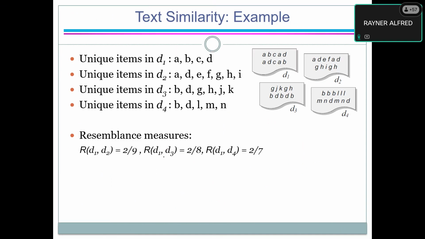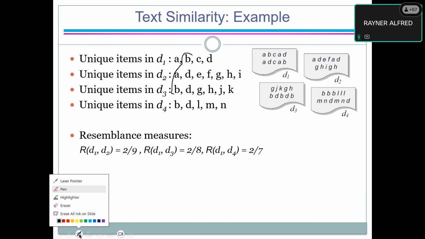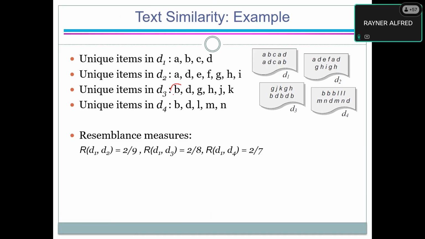For document 1 and 3, let me use a different color. Document 1 and 3 have B and D in common, so only 2. When you combine the unique terms, we have 2 here, plus 2 here, so altogether 4.